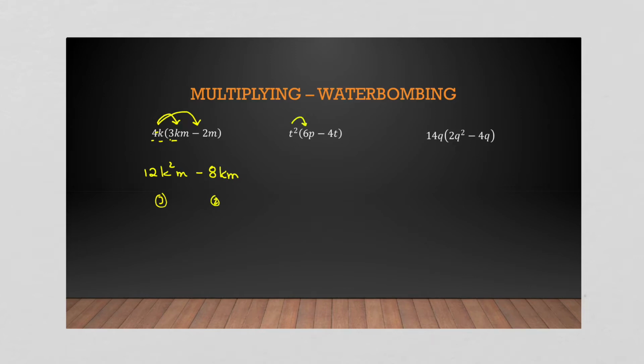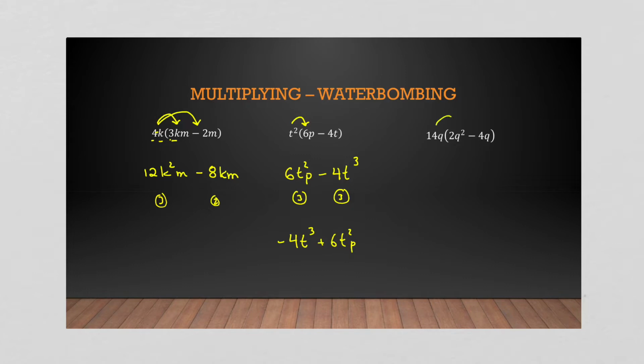So now let's look at this one, okay? There's no coefficient in front of the t squared, so it's just 6t squared times p, and then minus 4t cubed. Now, those are both degree 3, but t cubed is going to come before t squared p, so I'm going to rearrange this to negative 4t cubed plus 6t squared times p.